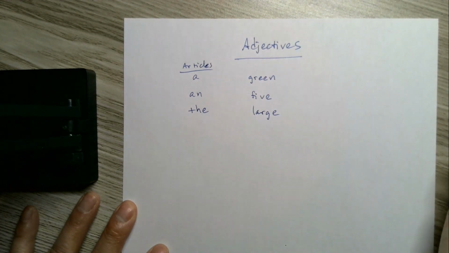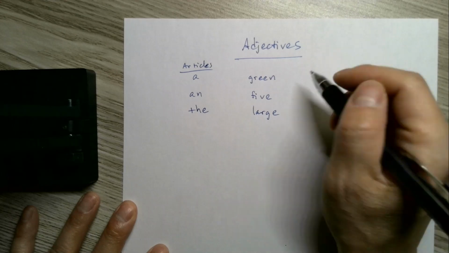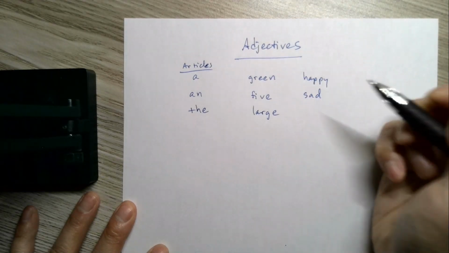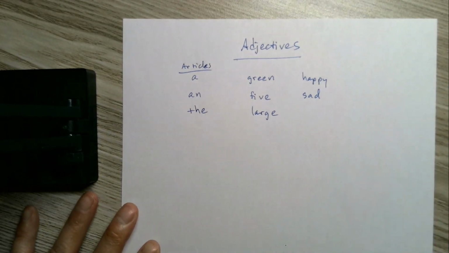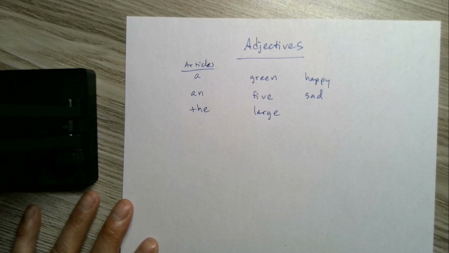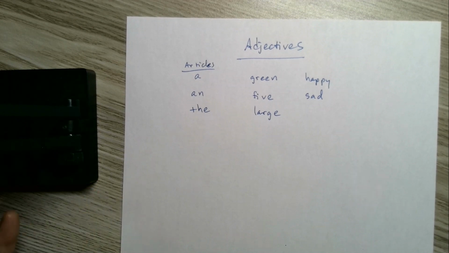And then we have adjectives that can also describe feelings like happy and sad. And you can of course have more advanced adjectives that enhance one's understanding of nouns, like enormous or luxurious or ecstatic or gloomy, things like that.